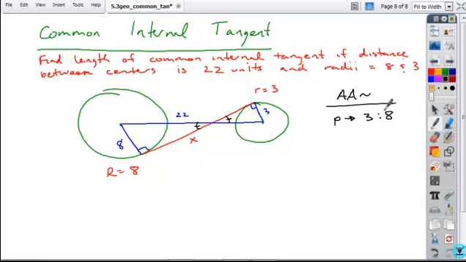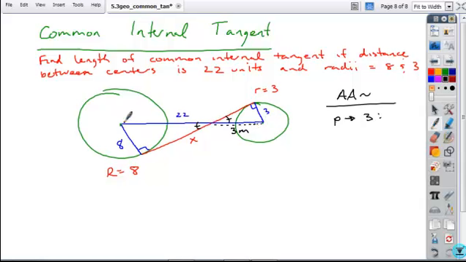If you're somebody who thinks part to part, what you would then do is you would say that this portion of the 22 is 3 times some multiplier. I'll call it m.